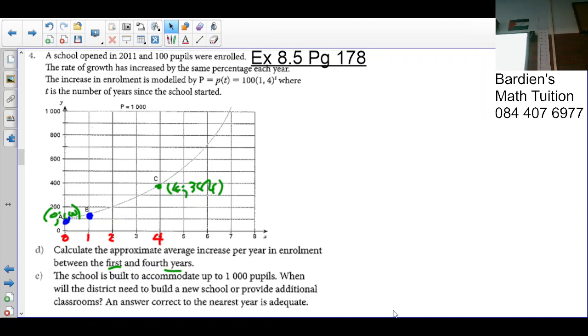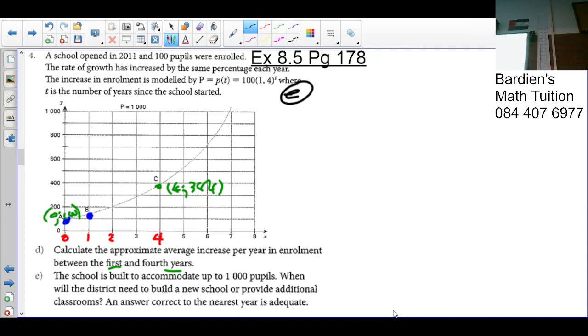And then question E. We are told the school is built to accommodate up to 1,000 pupils. When will the district need to build a new school or provide additional classrooms? An answer correct to the nearest year is adequate. So in other words, we must calculate the value of T, the time in years taken.